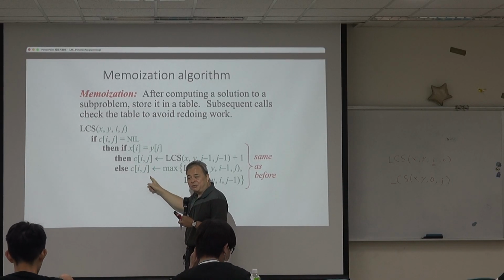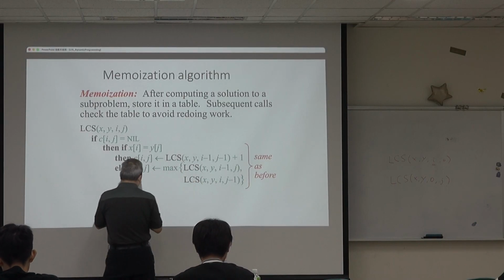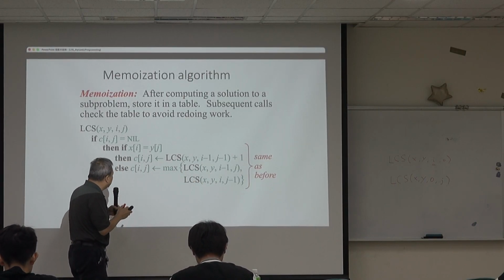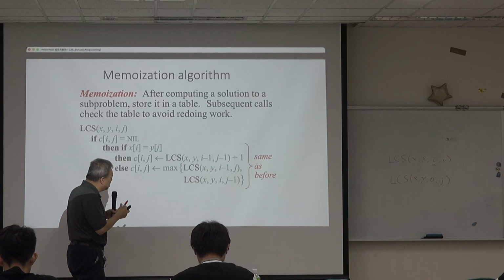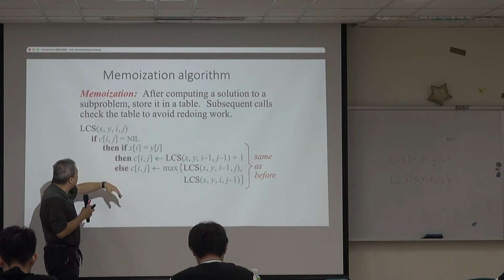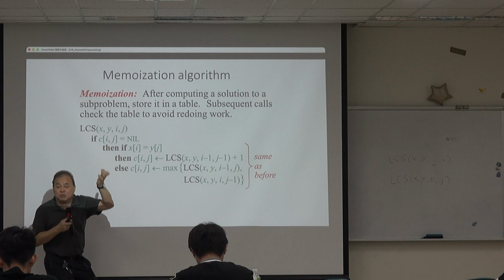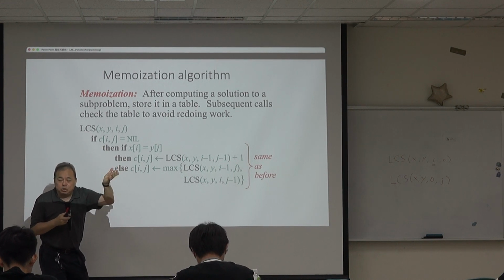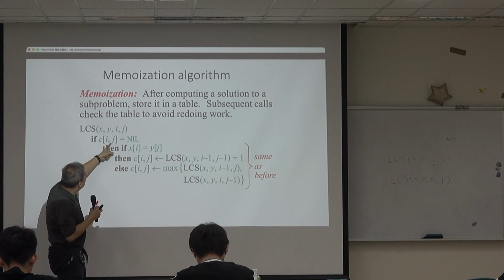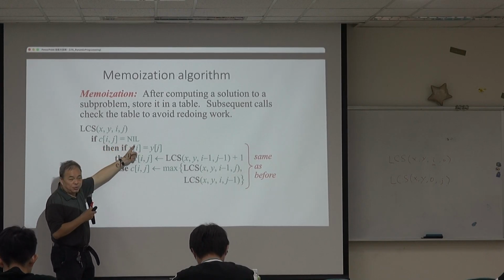So if somewhere along this recursive computation, Cij has already been filled, 它已经被填进去了，那 Cij will no longer be needed, right?